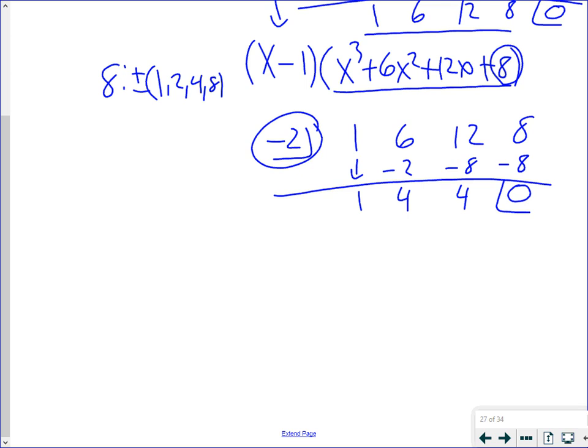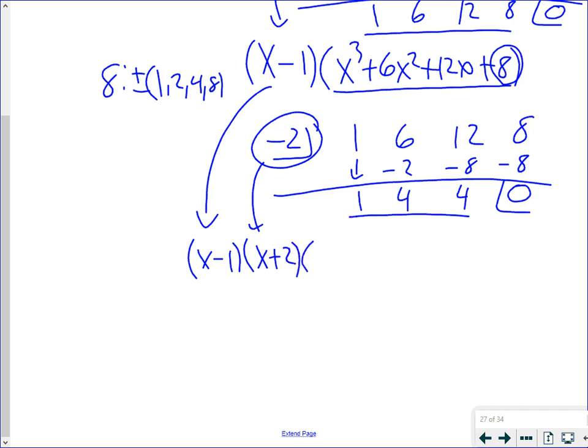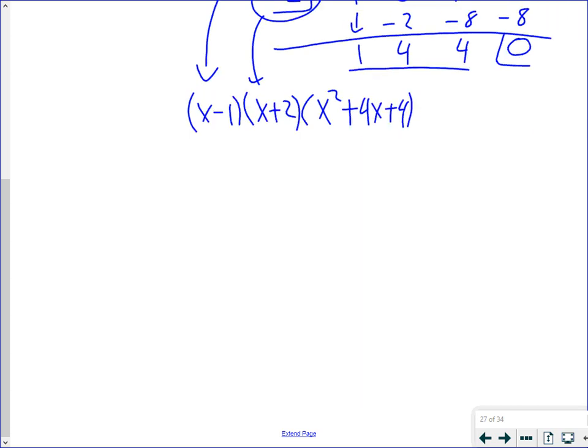All right? So now we have another 0 here. We're going to bring down our first 0 of x minus 1, and we'll bring down this new 0 of x minus -2, or x plus 2, and we're going to multiply it with our new quotient over here of x squared plus 4x plus 4. Luckily, we can see that x squared plus 4x plus 4 can be factored normally.